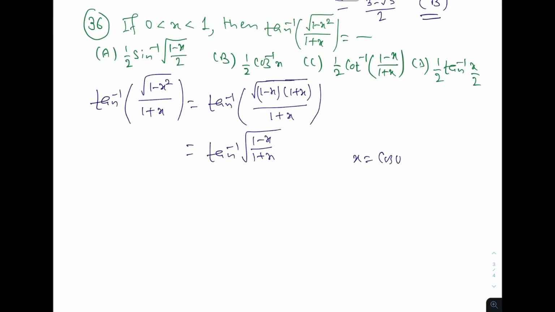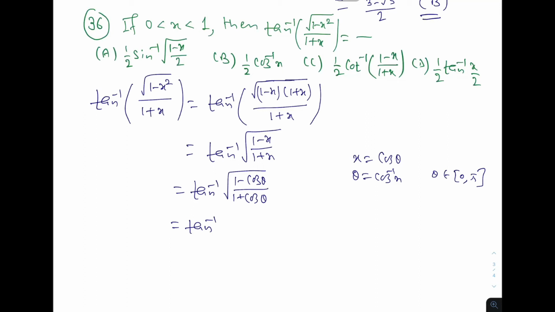You can take x equal to cosine theta, or you can say theta equal to cosine inverse x, and that theta belongs to closed interval 0 to pi. So this is equal to tan inverse root of 1 minus cos theta over 1 plus cos theta.